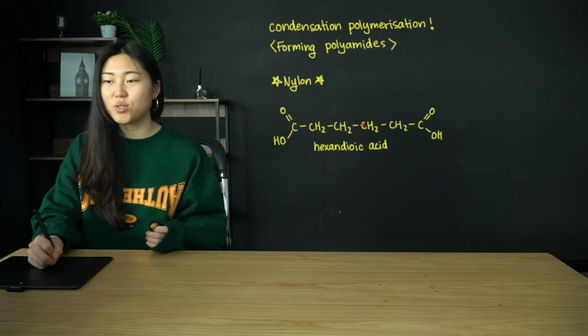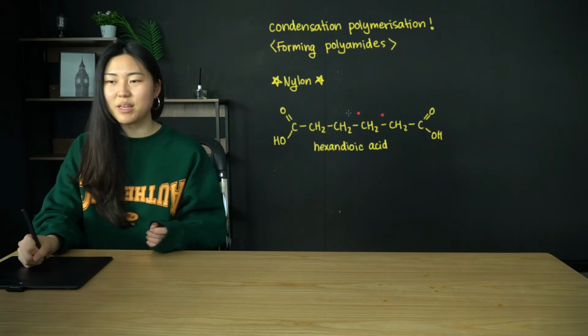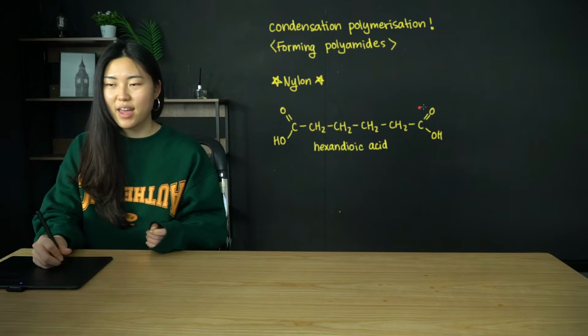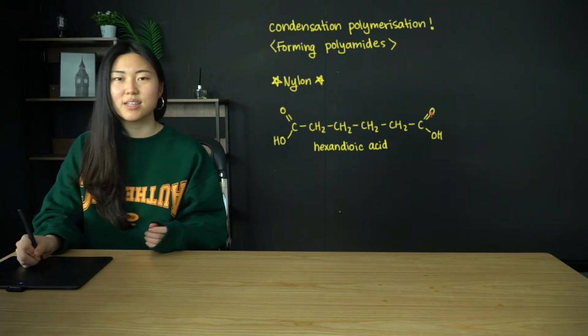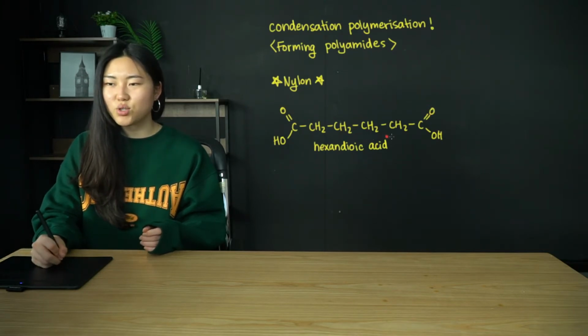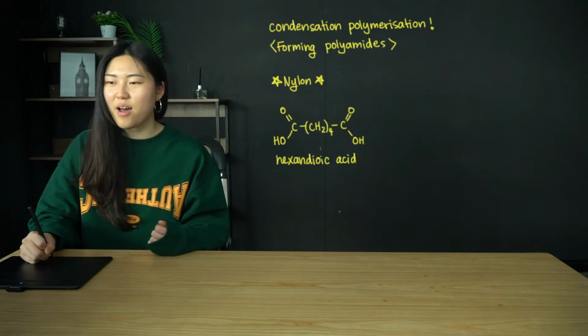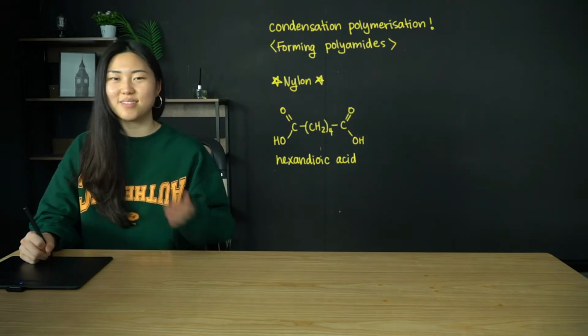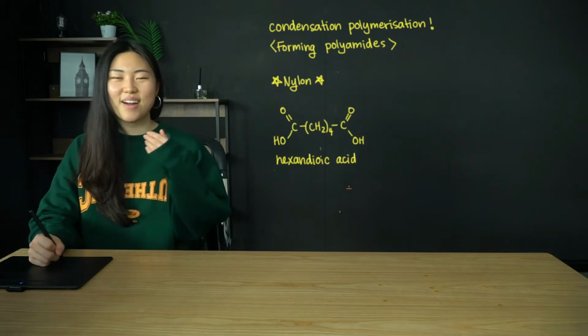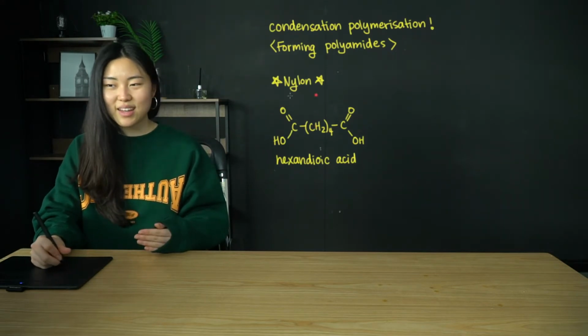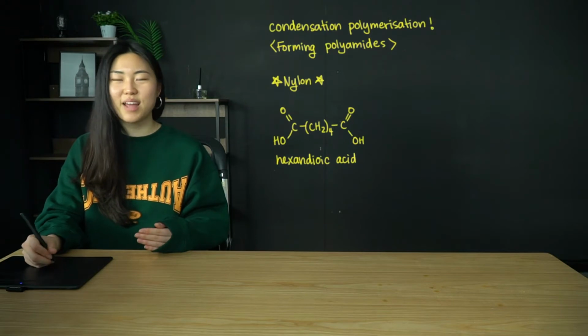We have 1, 2, 3, 4, 5, 6 carbons, and on each edge we have the carboxylic acid groups. We can shorten this chain because it's basically a repeating CH2 alkyl chain. You can shorten it like this, and this is going to be our first reactant.